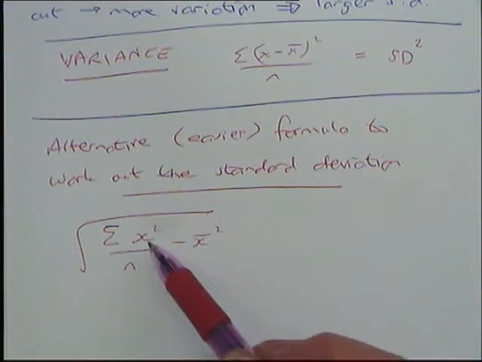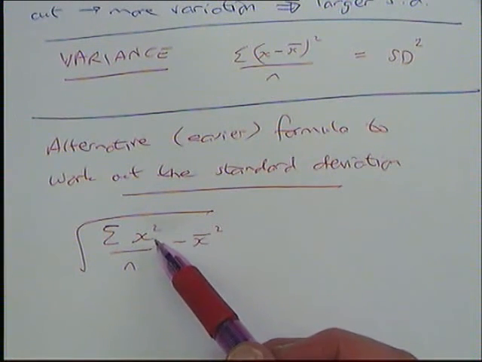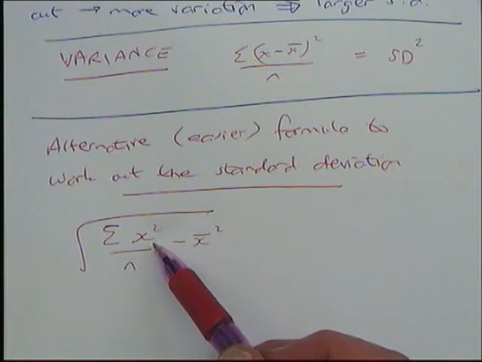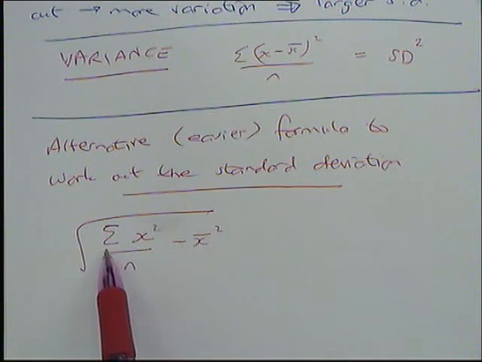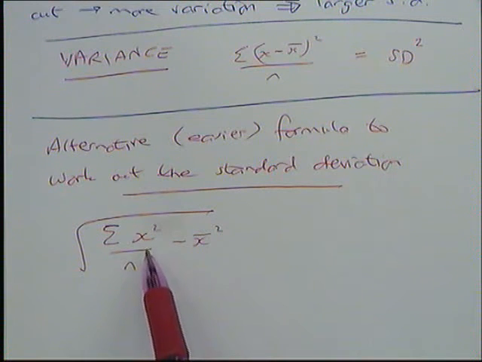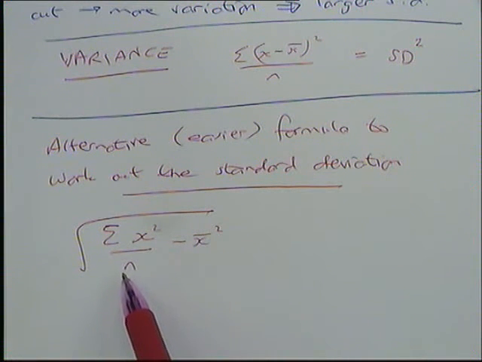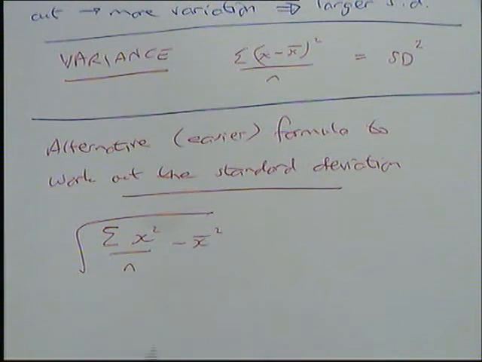Which is, you square all the x numbers, all the numbers you have. You add up those to get the total of those squares. You divide by how many numbers there are. Then you take away the mean squared, and then you square root it.